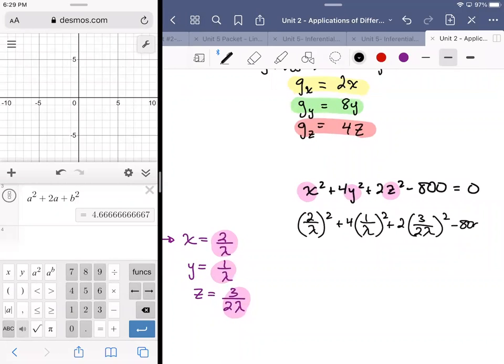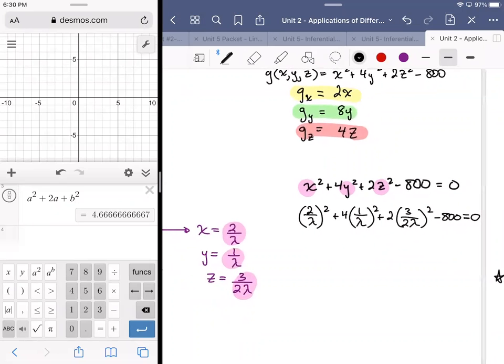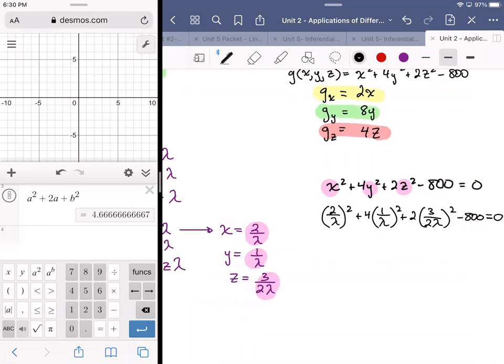minus 800 equals 0. My moment of hesitation there was, should I just add the 800 to the other side? I mean, I'm going to want to isolate lambda, but then I caught myself and told myself, hey, let's hold off on that for a second, because if this ends up being quadratic, I'm going to want everything over to the same side and go from there.